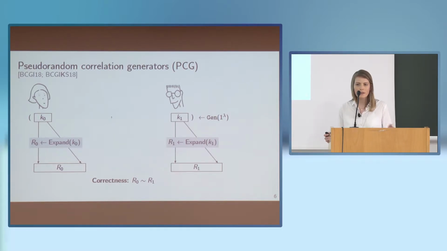Of course you want correctness, so that the strings are indeed correlated, which I denote by this tilde here. And you want security, an indistinguishability-based security notion. Basically, Alice does not learn anything about Bob's long string except what she can trivially derive from knowing that it will be in correlation with her own long string, and the same vice versa.